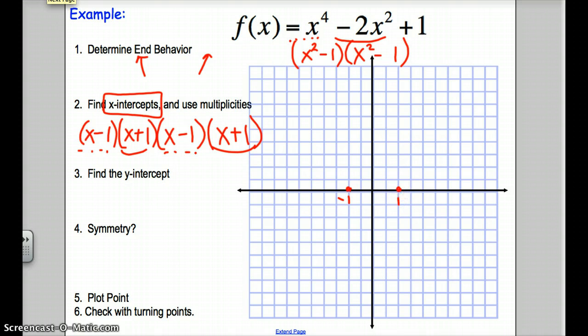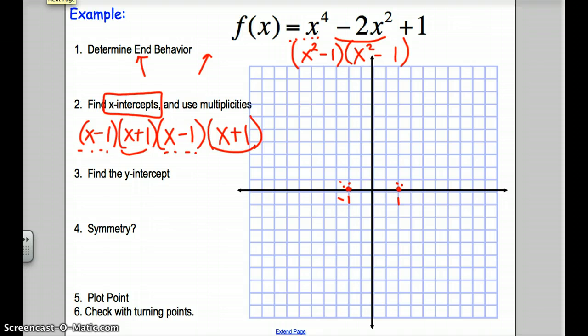I kind of know it's going to be above, because I know it's going to take this form like this. I just need to know where is that y-intercept. This one actually will have quite a bit of symmetry. Let's take a look at the symmetry that it will have.